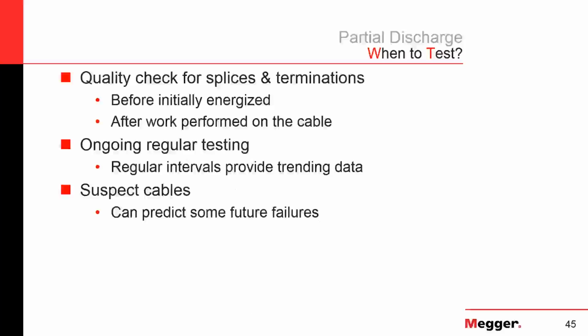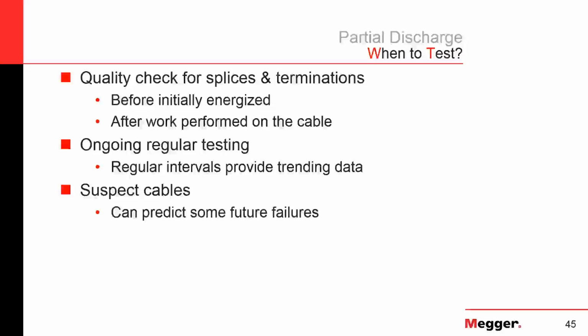So when do we use partial discharge testing? As a quality check for splices and terminations, as an acceptance test before the cable's initially put into service. We can also use it after work is performed on the cable. If you put a new splice in, we can do a partial discharge test to ensure that that splice was done well. It's also a very good test to do on an ongoing regular basis every 2 to 5 years, along with your 10 delta testing.